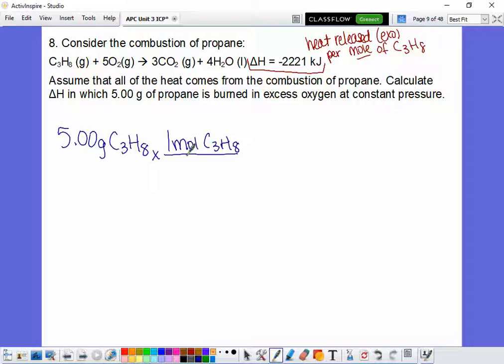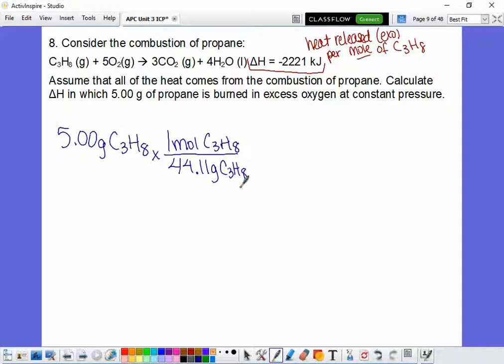So I need the molar mass of methane, right? Yep, you should get just over 44 grams, okay?